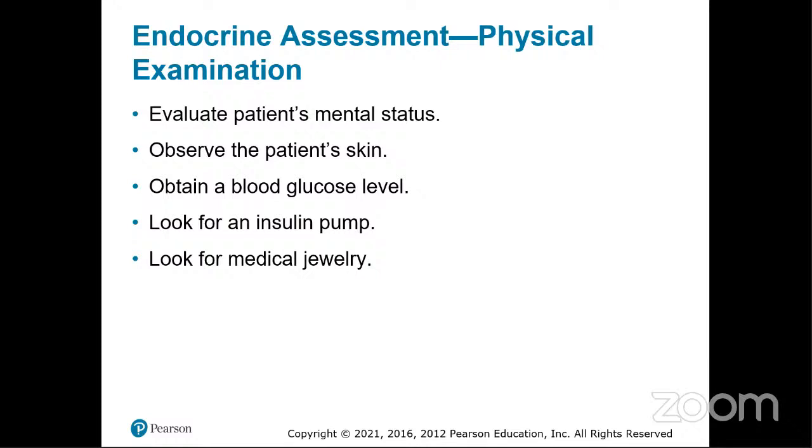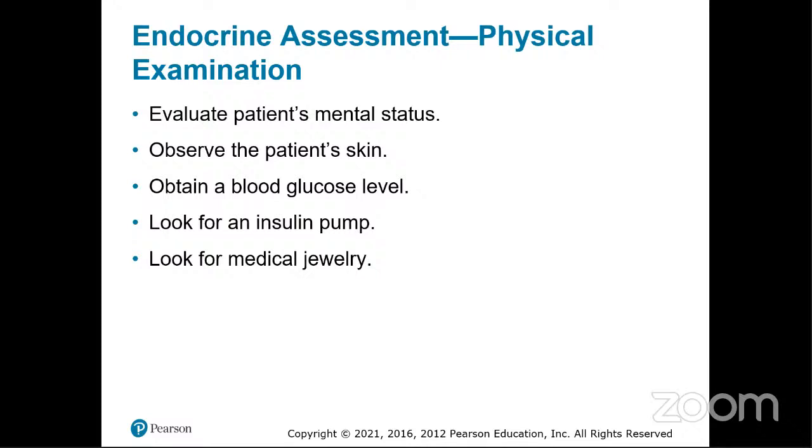Evaluate the patient's mental status. Like I said, you're doing that all the way through. Observe the patient's skin. A diabetic in an emergency will often look pale, cold, and clammy. Maintain a blood glucose level. We'll go over how to do that with the glucometers. Look for an insulin pump like I talked about.